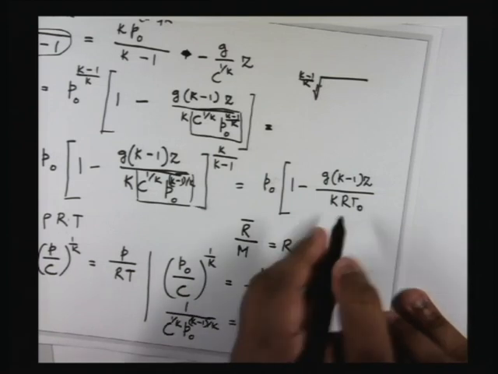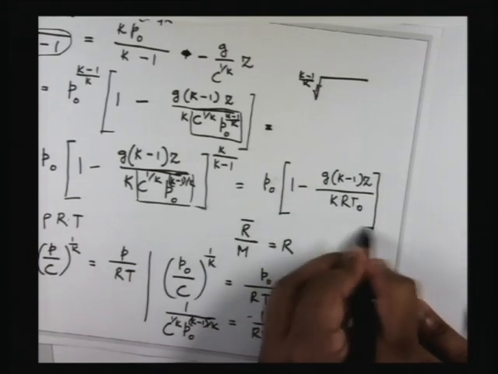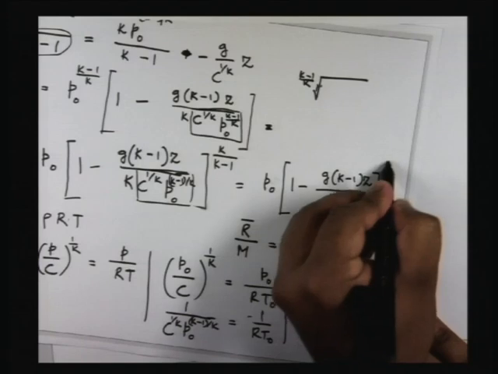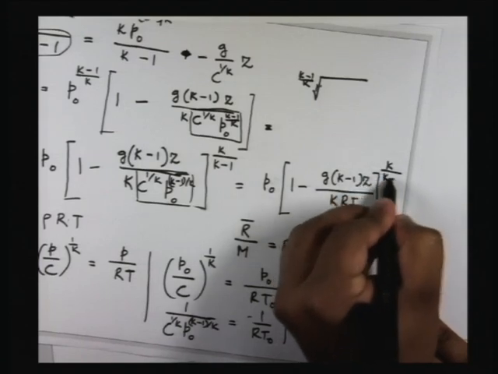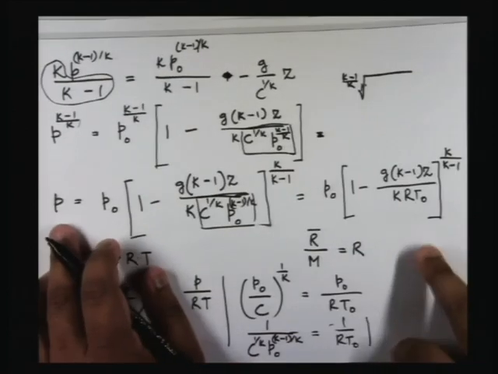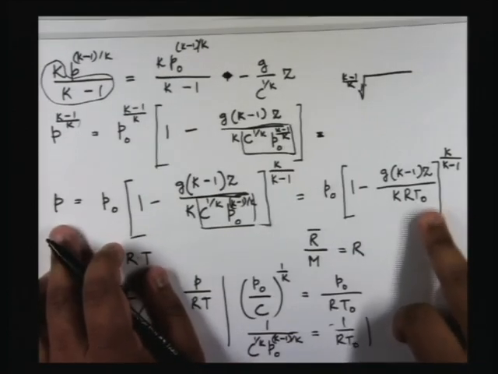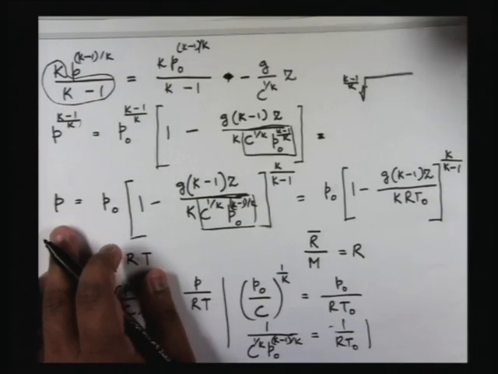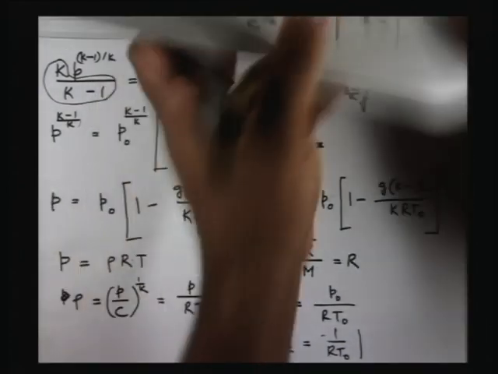So we'll simply replace it with this, and the power will of course be the same. So we have derived this relation, that P as a function of z, which we obtain as this. So we have proven the relation that has been asked.